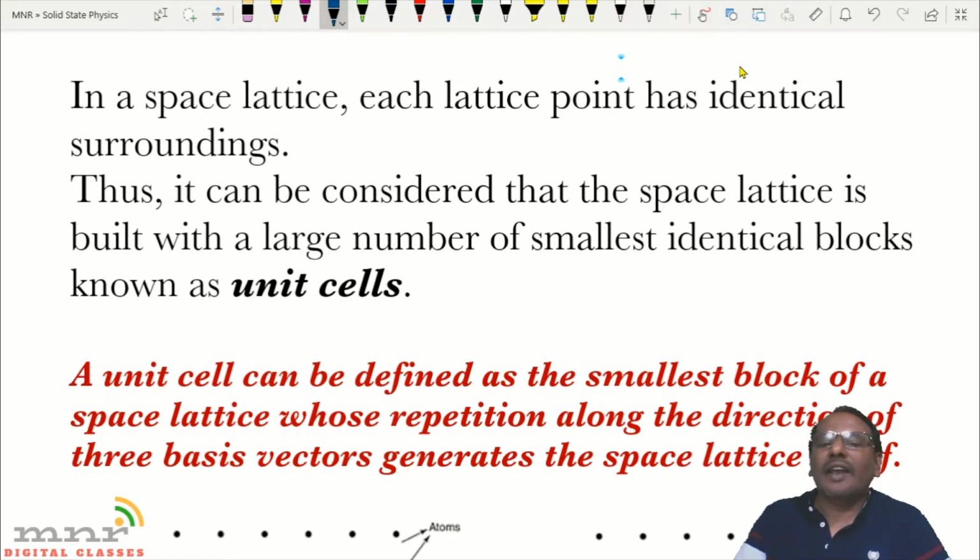Thus, it can be considered that the space lattice is built with a large number of smallest identical blocks, known as unit cells. We assume that the entire space lattice is built by using the smallest identical blocks. Those blocks are called unit cells.